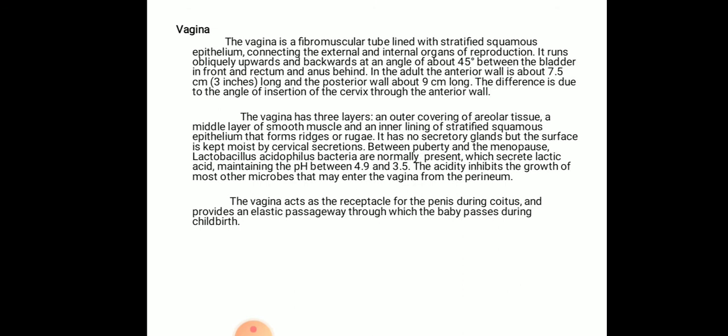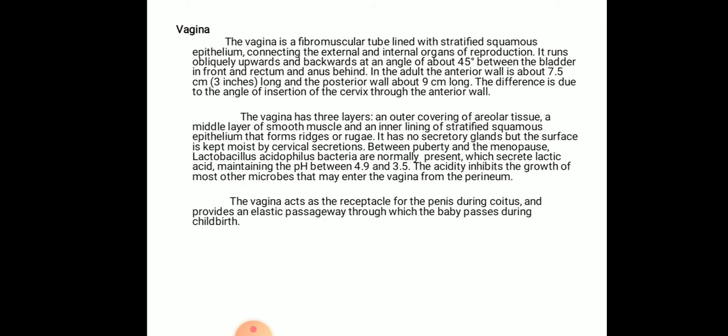Between puberty and menopause, Lactobacillus acidophilus, a bacterium, is normally present and secretes lactic acid in the vaginal region. This maintains the pH between 4.9 and 3.5, so the vagina is acidic in nature.